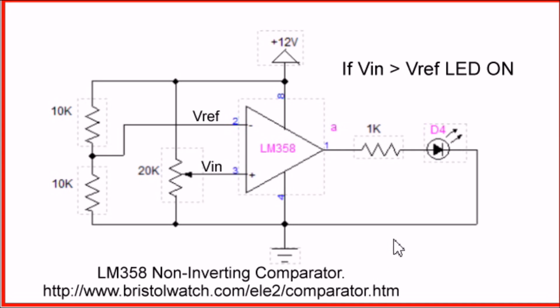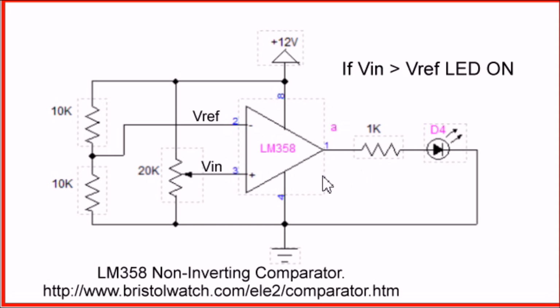All right, this circuit here does the exact same thing as the LM741 circuit we saw earlier. But now we're using an LM358 op-amp, and these are unipolar devices, or they can be operated as unipolar. That's what they're designed for. So we get away from the problem of having to have a negative supply, and the output, when Vn exceeds Vref here, is going to go to near 12 volts and is going to light the LED.